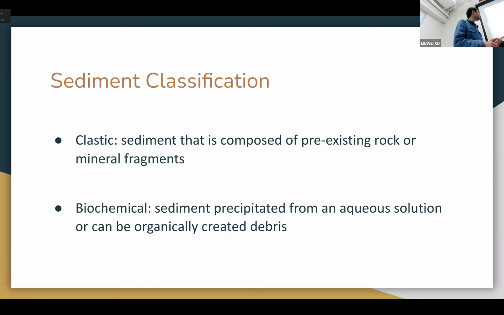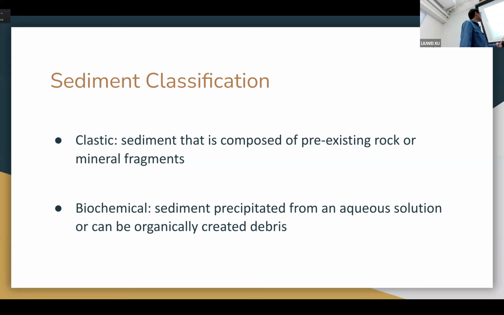For the biochemical rock, the pre-existing rock is dissolved or otherwise chemically destroyed by the water or other liquids. These dissolved components finally precipitate again and form the new sedimentary rock.